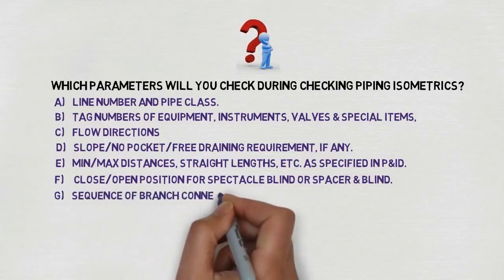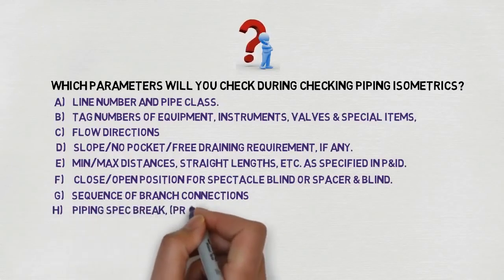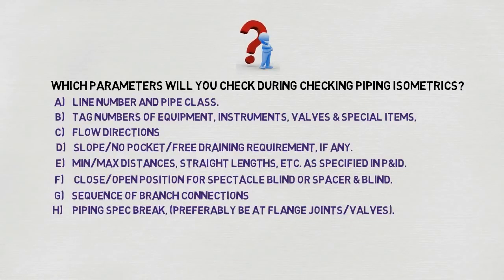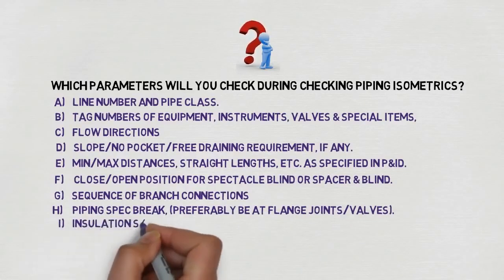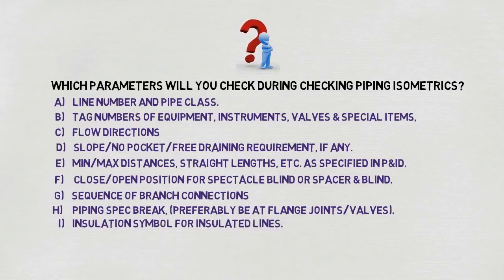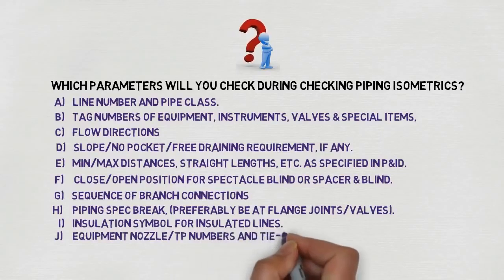Sequence of branch connection. Piping spec break, preferably at flange joint or valves. Insulation symbol for insulated line. Equipment nozzle, TP number and tie-in numbers.